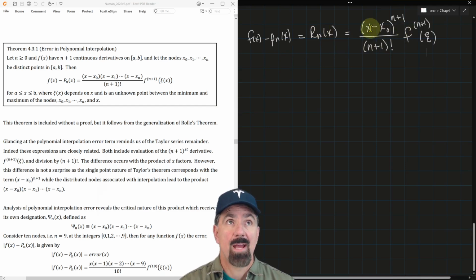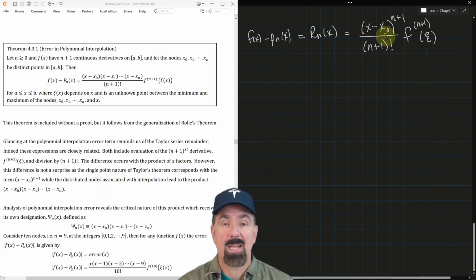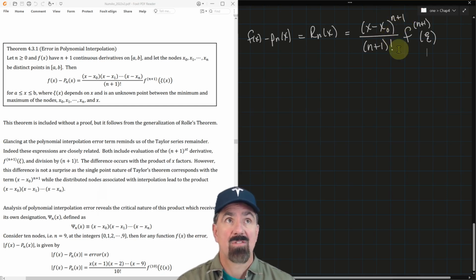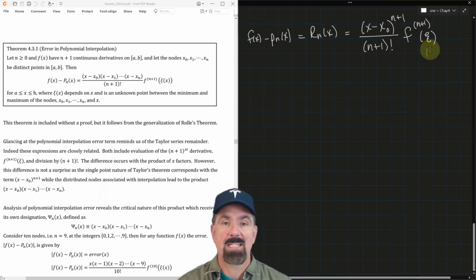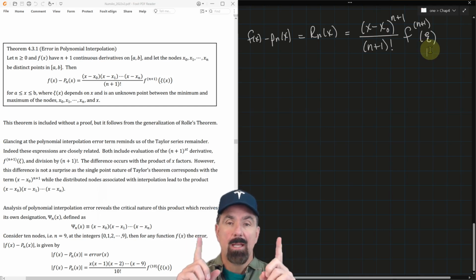And the remainder term has this form where we have x minus x naught, where x naught is the point that we have expanded about, raised to the n plus first power, divided by n plus 1 factorial, and then this n plus first derivative evaluated at some xc value, which is in between the point that we expanded about and the point that we are considering.